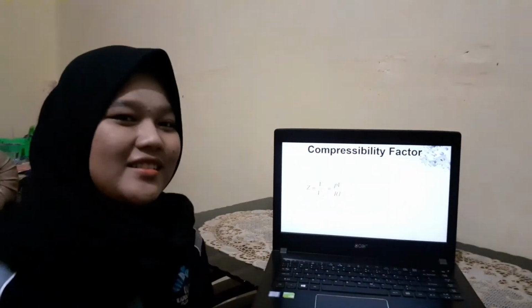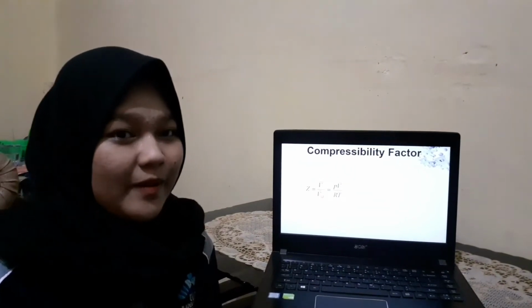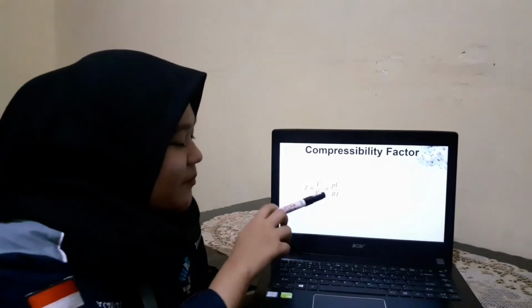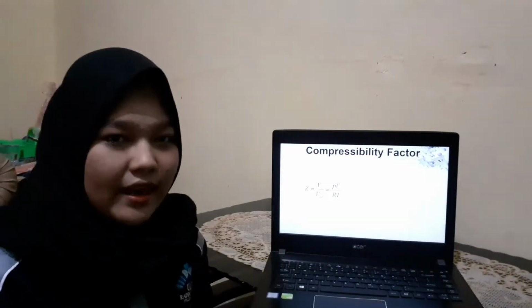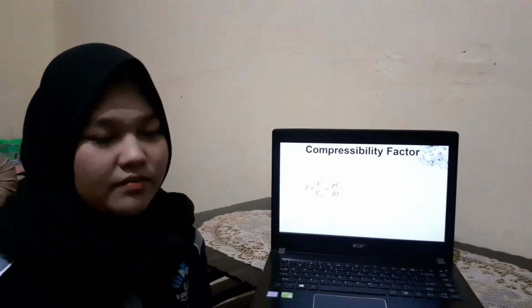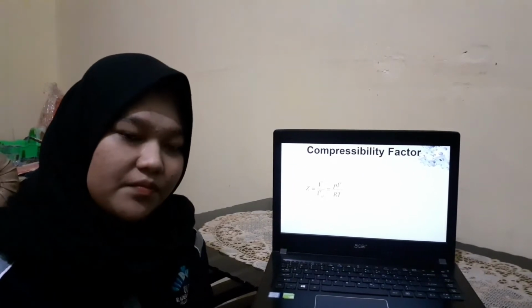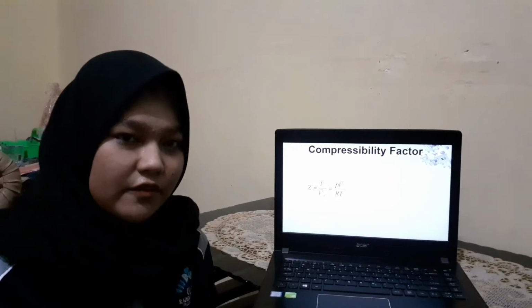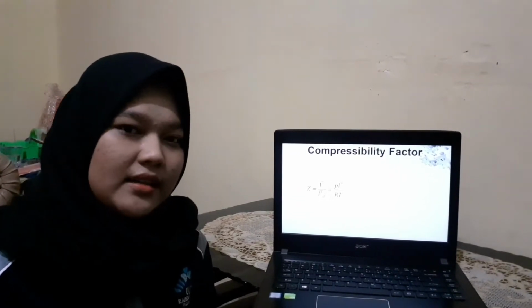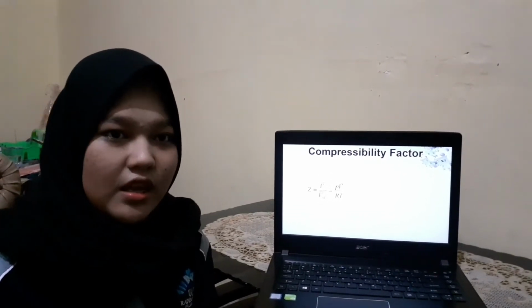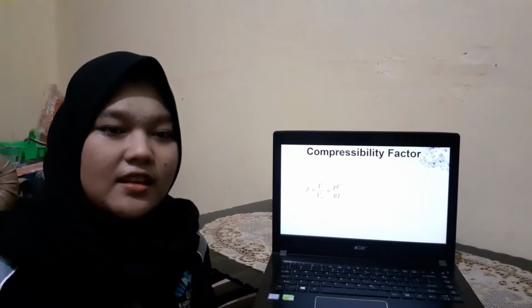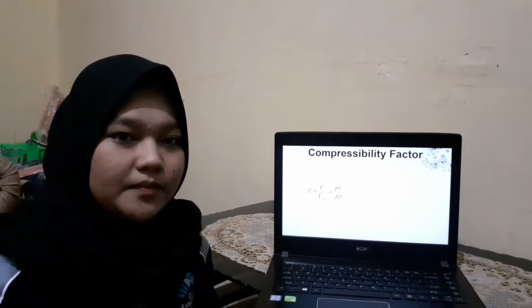If measurements of pressure, molar volume, and temperature of the gas do not conform to the relation PV equals RT within the precision of the measurements, the gas is said to deviate from ideality or to exhibit non-ideal behavior.